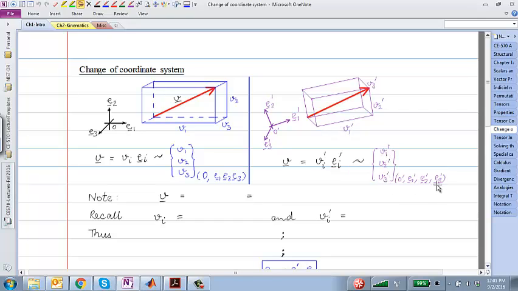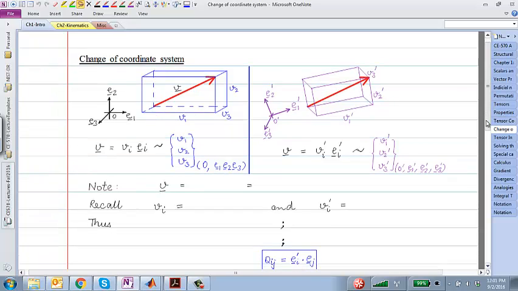The question is, how do I convert v1, v2, v3 to v1 prime, v2 prime, v3 prime if I know which way these 2 coordinate systems are pointing? I should be able to do that, since this is the same underlying physical quantity. I want to know how to convert between them. There is an easy way to do it.